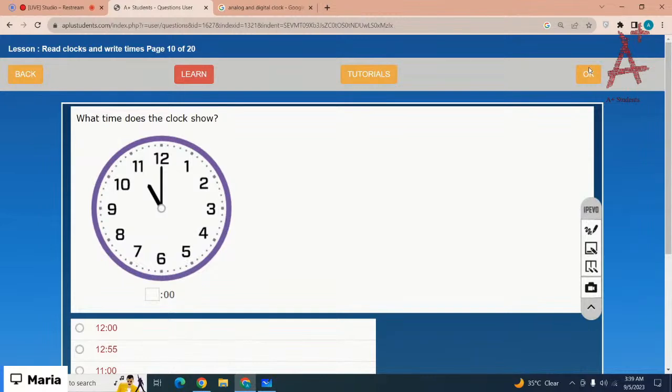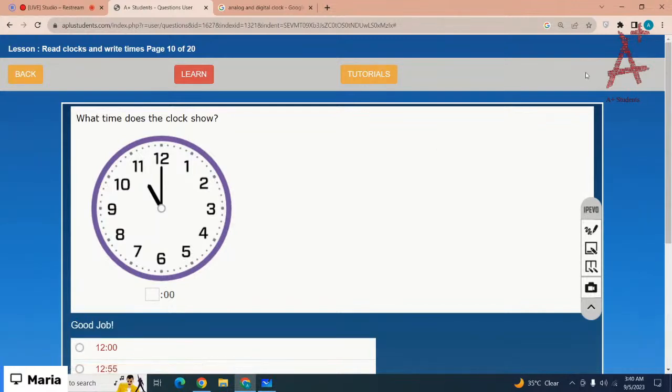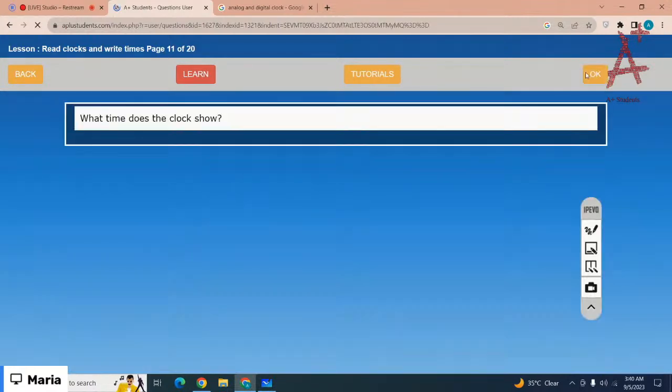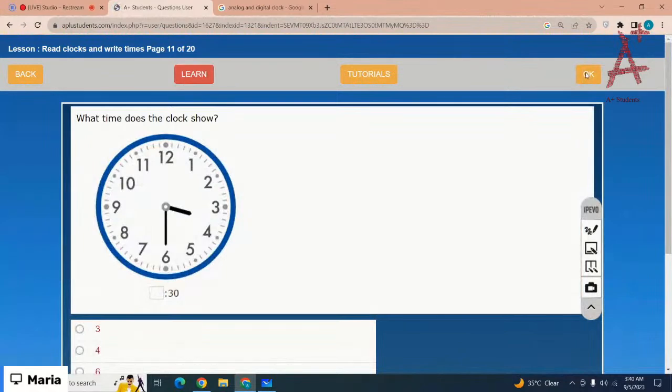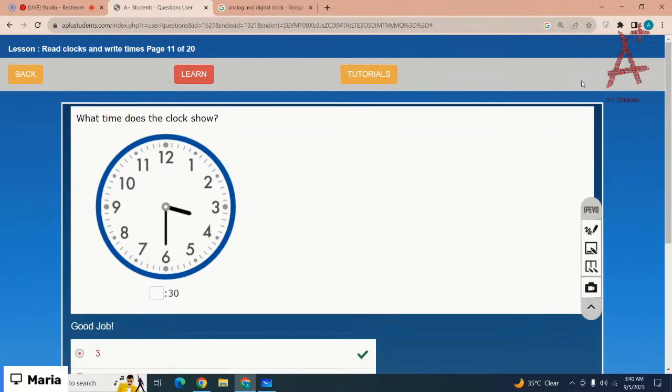The clock shows 11 hours and 0 minutes. What time does the clock show? Yes, it represents 3 hours and 30 minutes. You just have to look for the hours, 3 hours and 30 minutes.